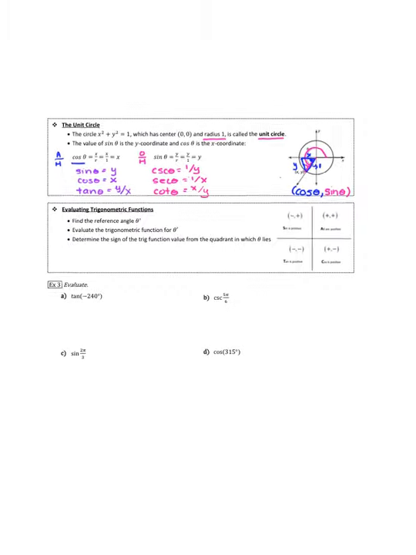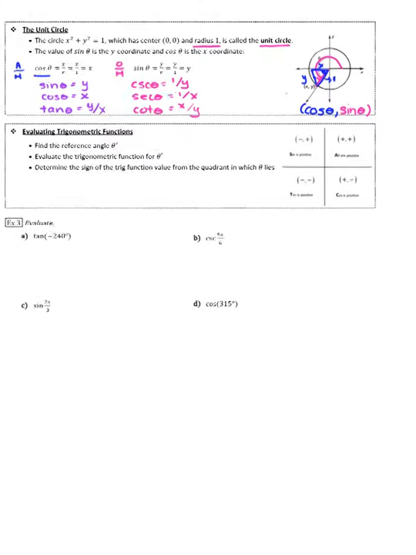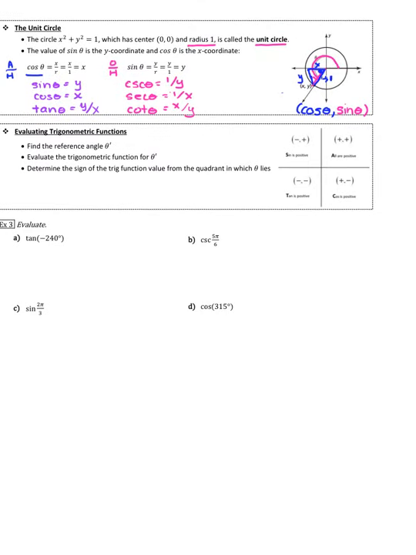Now we talked about the reference angles on that last page, and the reference angles, remember, depend on which quadrant you end in, and so you're going to start getting ratios that are positive or negative depending on which quadrant you end in, because now they're going to be based on just the x and the y value.